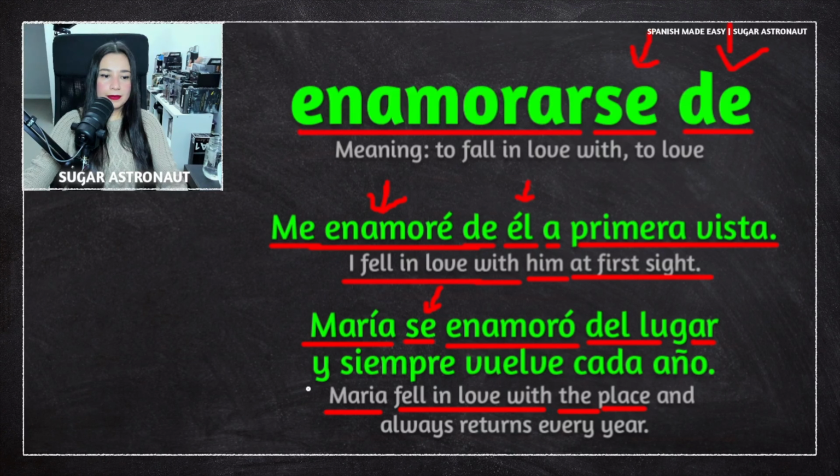Y means and, okay? Siempre, again, we have siempre. I use this word a lot today during this stream. Siempre means always. Vuelve, ella vuelve. We don't need ella. We need vuelve, the verb only.